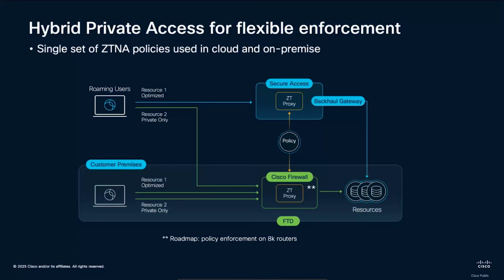The secure access solution will redirect the traffic in a very transparent way for our end user to access both the internet and the private application. He doesn't need, for example, to establish the VPN tunnel for the private application, then disconnect. So it's totally transparent for the end user.